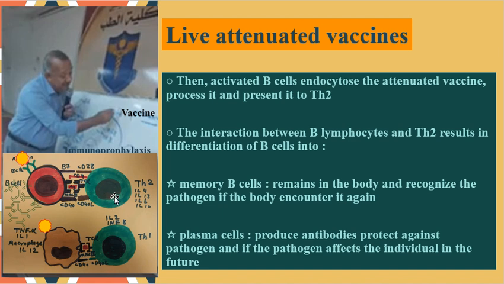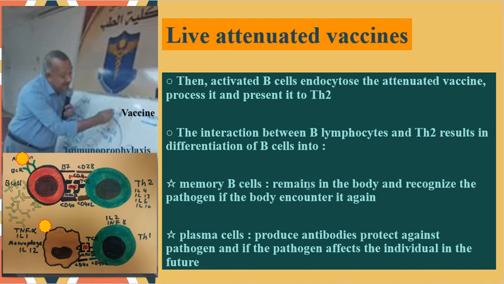T helper 2 here gets activated and produces some cytokines, for example interleukin 4, which is a growth factor for B lymphocytes, which get activated and differentiate into memory B cells and plasma cells.